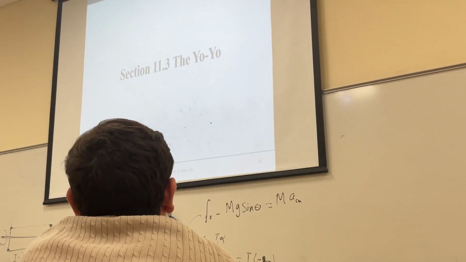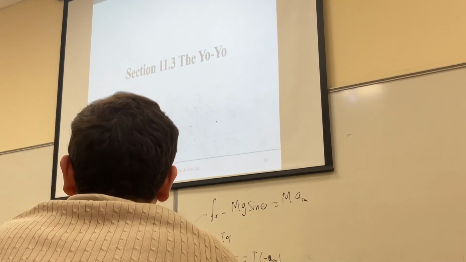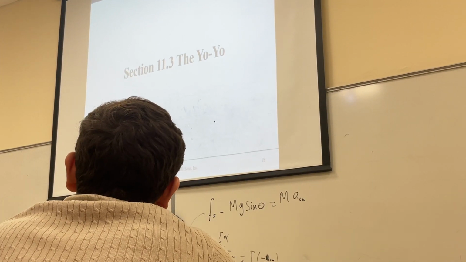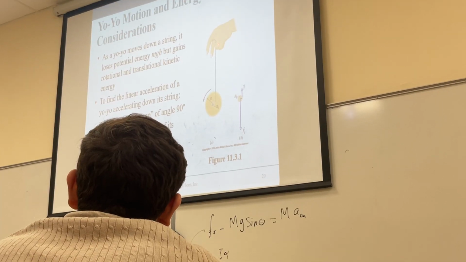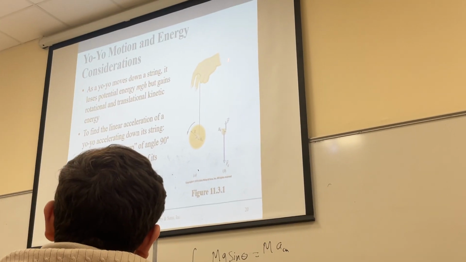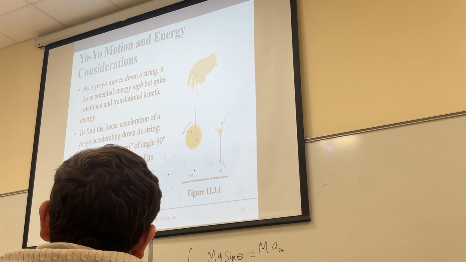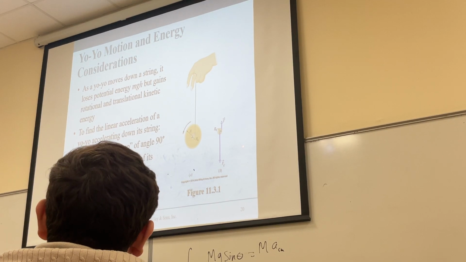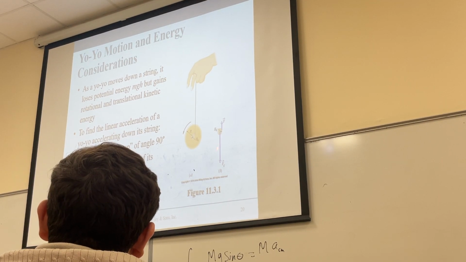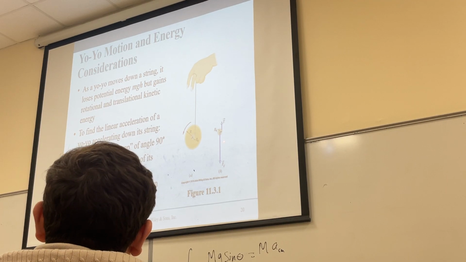Now, there's another example, the yo-yo. You know the yo-yo? So this is the yo-yo here. There's a thread tied to your finger, it comes down, it comes up. So what are the forces active in it? mg and the tension. What causes the rotation is the tension, T times R, isn't it?